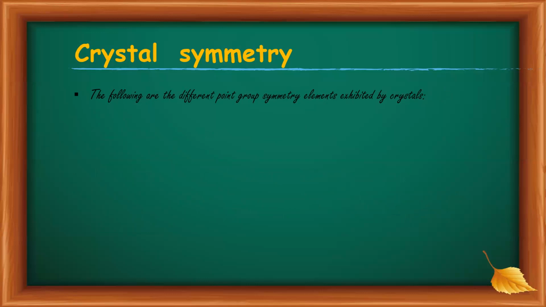Now we discuss more about the point group symmetry elements. First is center of symmetry or inversion center, reflection symmetry, and rotation symmetry.